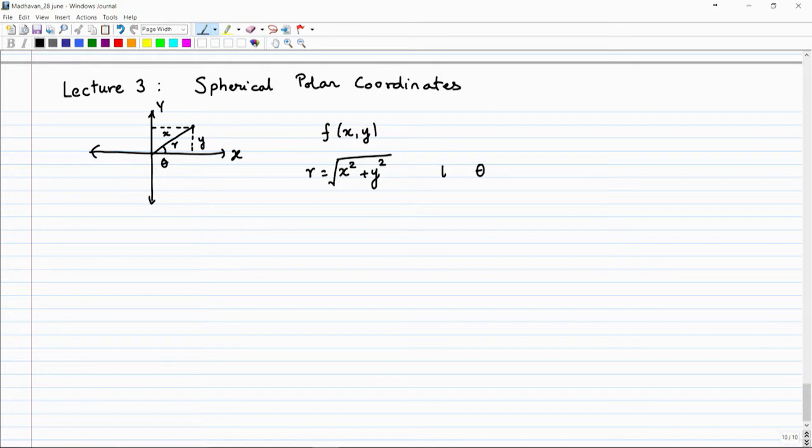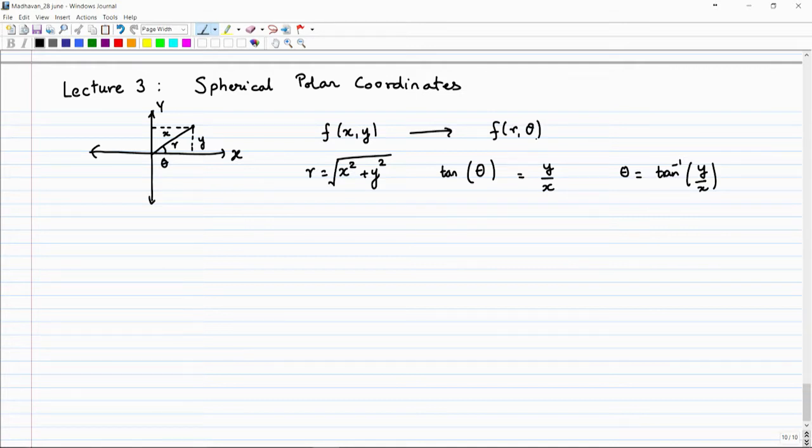So we see that tan theta equals y by x, or you can say theta equals tan inverse of y by x. So now instead of f of x y, we go to f of r theta.